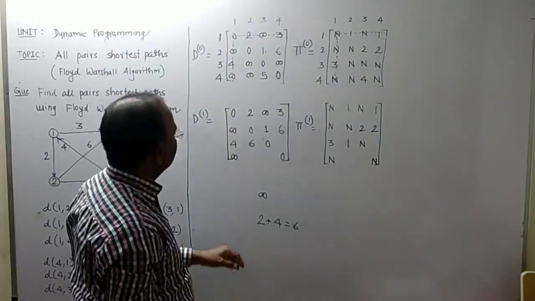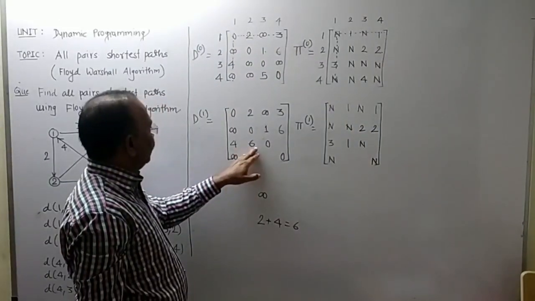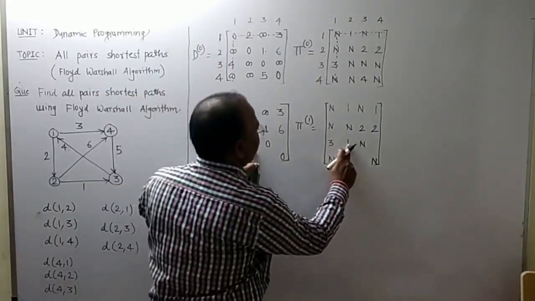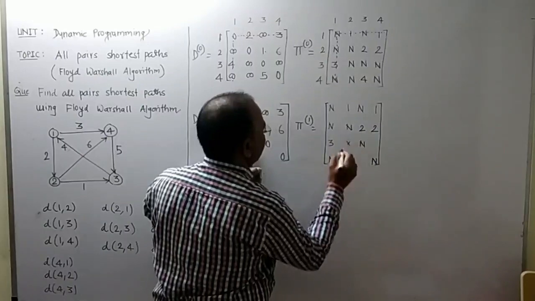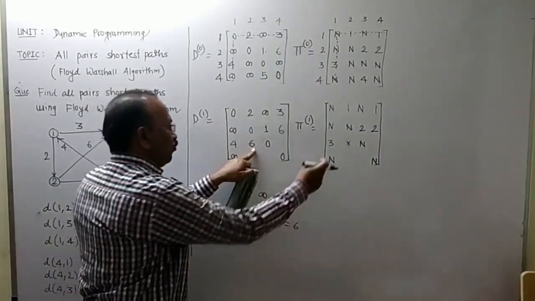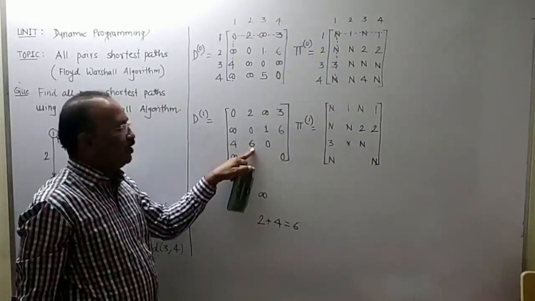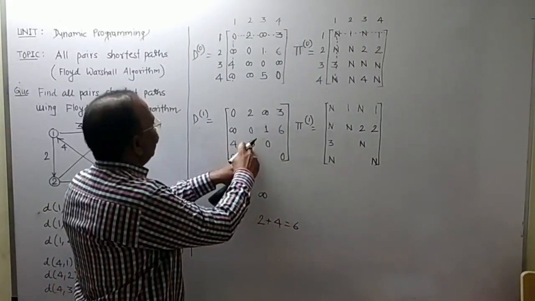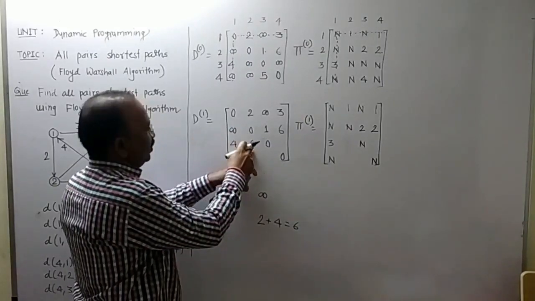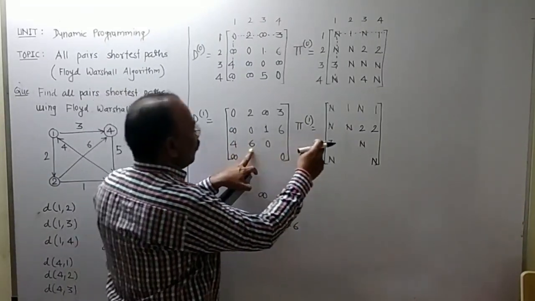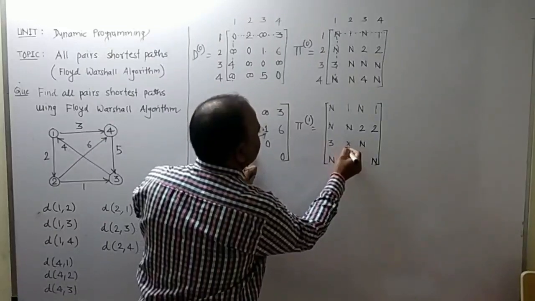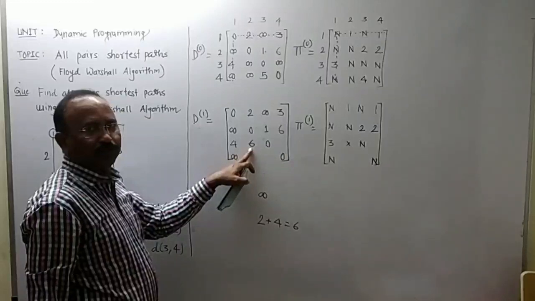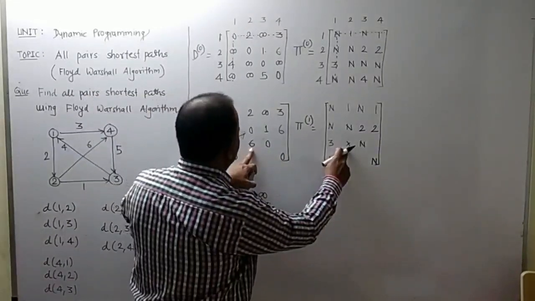I am repeating here. Once the value is changed in the D1, there will be a change in pi 1. Let us see which value will come in the pi 1. In the D1 the value is changed, so in pi 1 also the value will change. Same value will not come. So there will be the change. Let us see which value will come here.